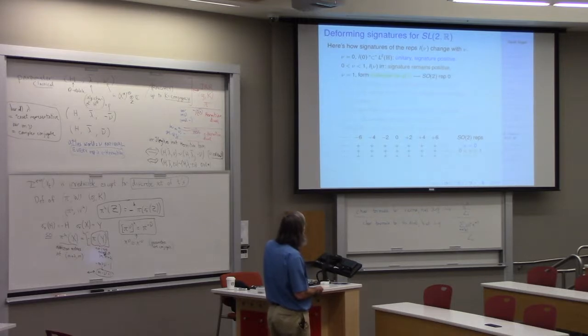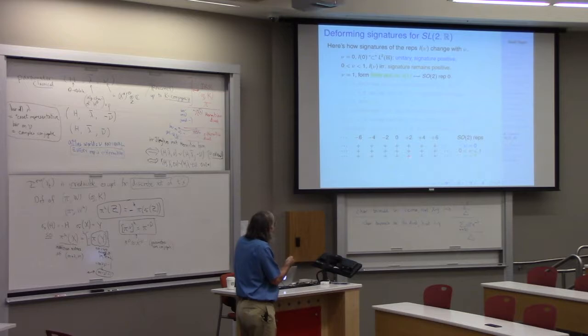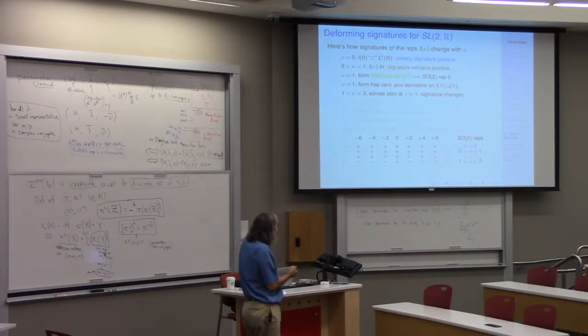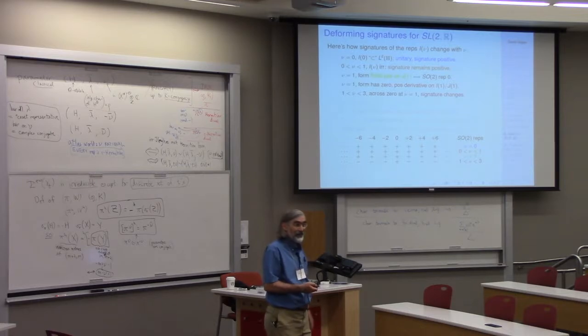You're right that here at 1, I don't really care what was going on with these other K-types. But I would also like to know that in this range, the form has become indefinite.